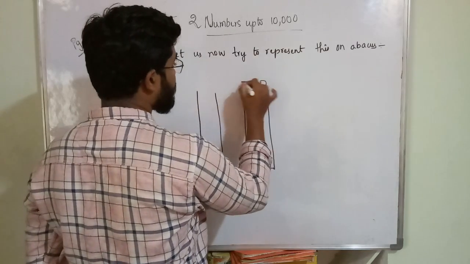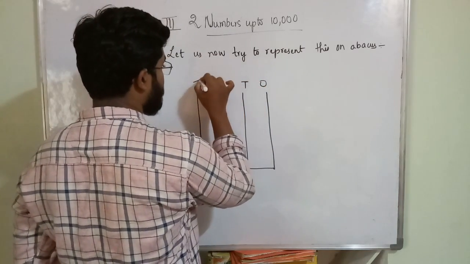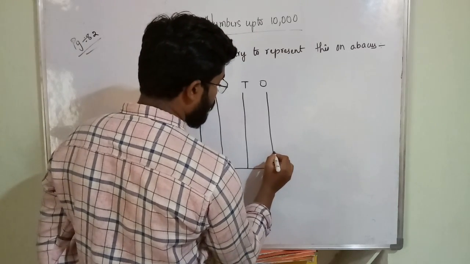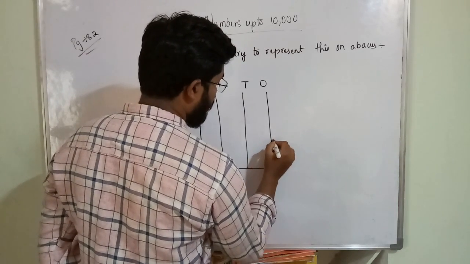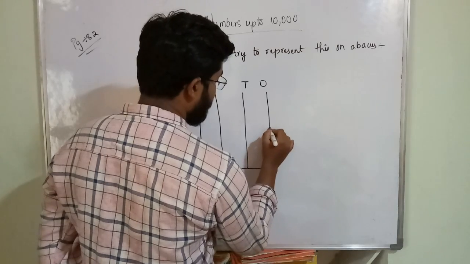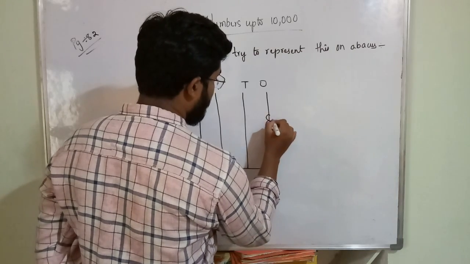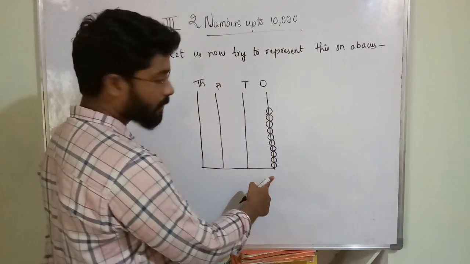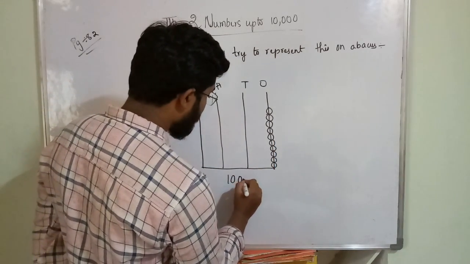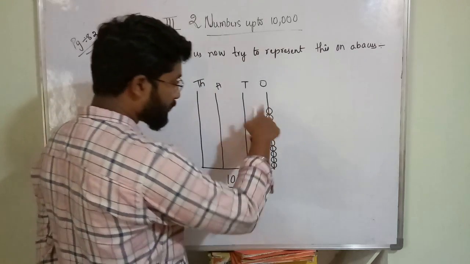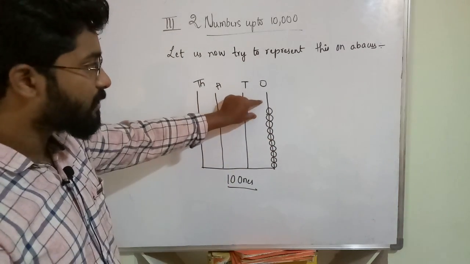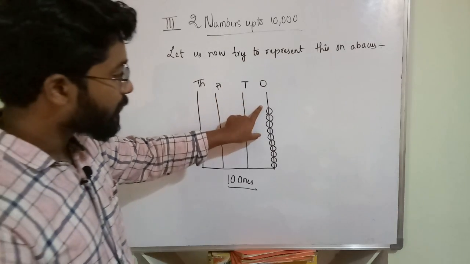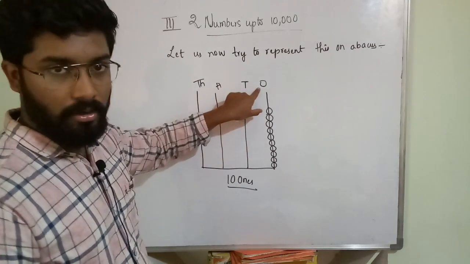This is ones place, tens place, hundreds place, thousands place, for suppose, okay. So 1, 2, 3, 4, 5, 6, 7, 8, 9, 10. I am placing 10 beads in the ones rod, okay.